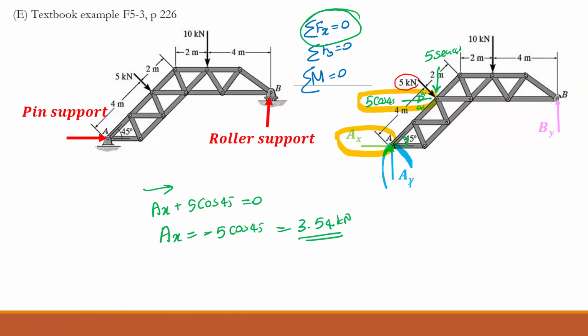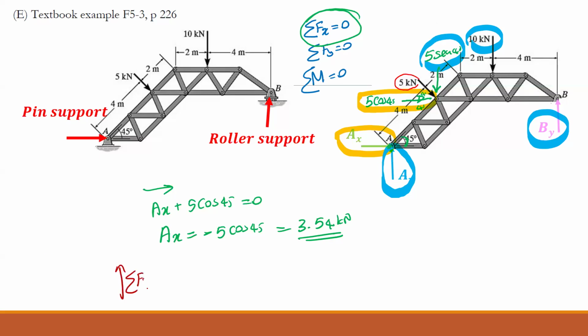So we have this force acting in the y direction, this force, this one and this one, all four forces acting in the y direction. Do you agree? So how can we write it? Y direction is positive upward.